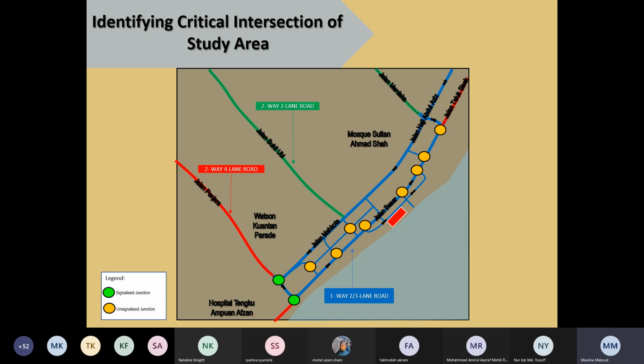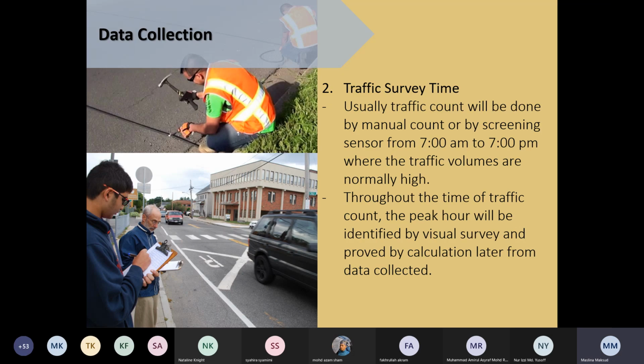In total we have 8 unsignalized junctions and 2 signalized junctions. So we have a total of 10 selected intersections that we consider affected by our proposed development, which we want to study for the traffic impact assessment that we want to assess.